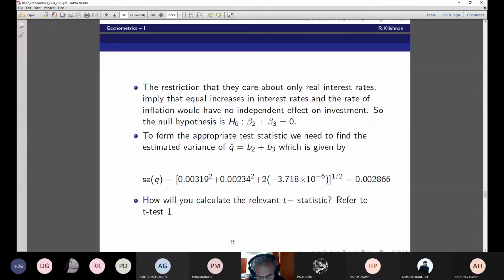How do you calculate a t-stat, Hari Prakash, for any coefficient? Estimated value minus the hypothesized value by the standard error of the estimated coefficient. Am I right? Now we need Q hat, B2 plus B3. B2 is the coefficient of beta 2 in the original model. B3 is the coefficient of inflation.